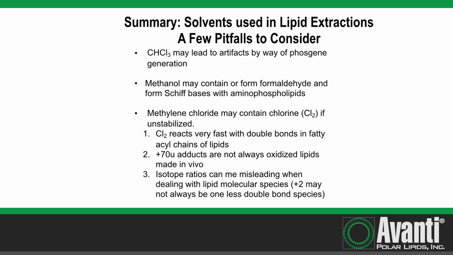Some of our standards had four to six double bonds. They were way above the scanning range of that mass spectrometer, so we didn't see them. So there are pitfalls that you must consider with using solvents. And in the beginning part of this talk, thinking about what solvent system you're using to extract lipids can pay very good dividends in your final analysis.